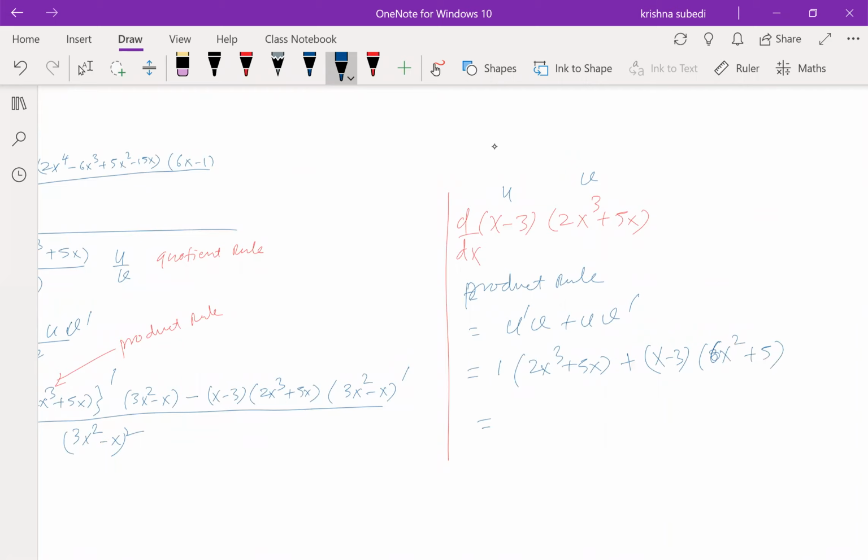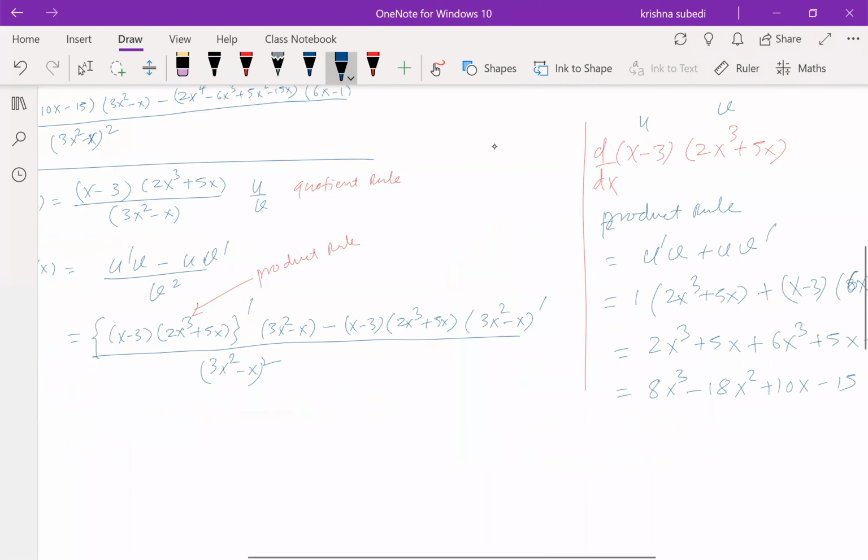You may want to simplify it if you like. That's going to be 2x cubed plus 5x plus 6x cubed plus 5x minus 18x squared minus 15. So that will be 8x cubed minus 18x squared plus 10x minus 15. We just copy that as it is.